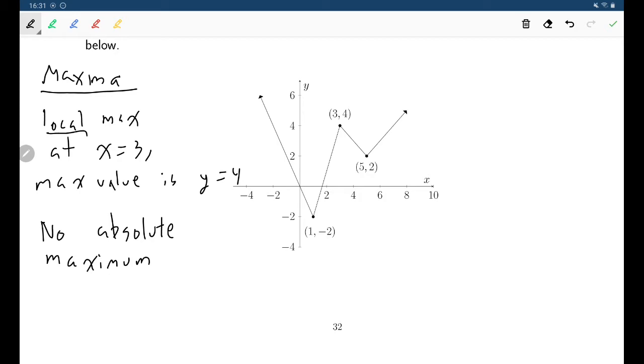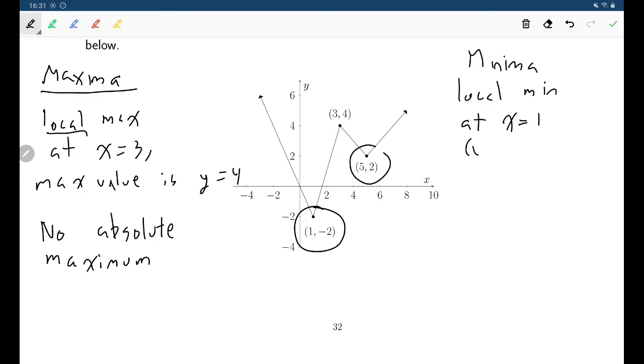Now, on the other hand, for minimum values, you can see that we do have two local minima. So for the minima, we have one local minimum happening at x being 1, and for that the value is -2, and also at x being 5, and for that one the value is +2.